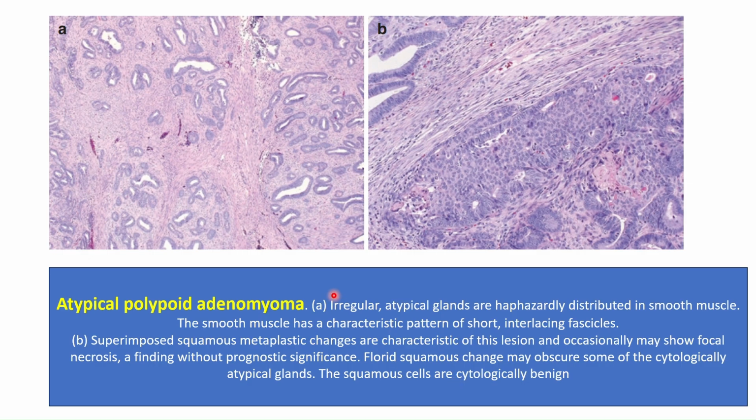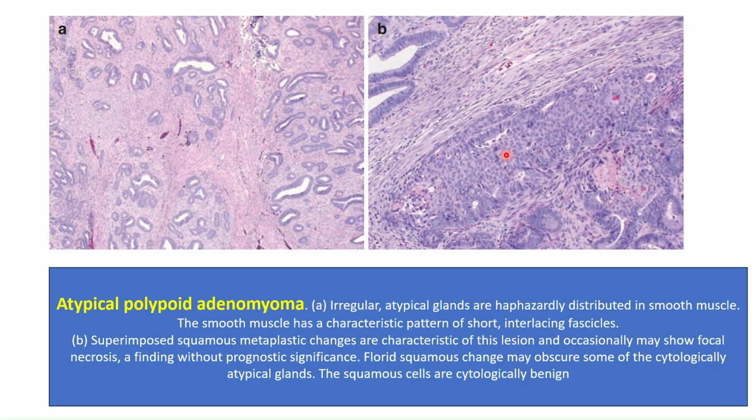So this is a case showing atypical polypoid adenomyoma. Here we can see irregularly placed, atypical, haphazardly distributed endometrial glands and smooth muscle in between or encircling the glandular tissue. So this is the short interlacing fascicle pattern in APA.